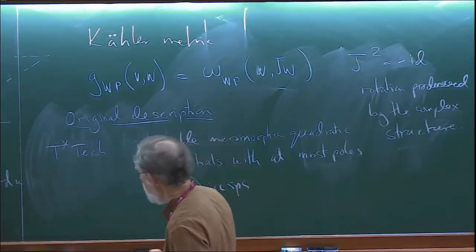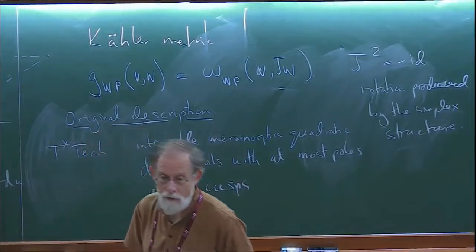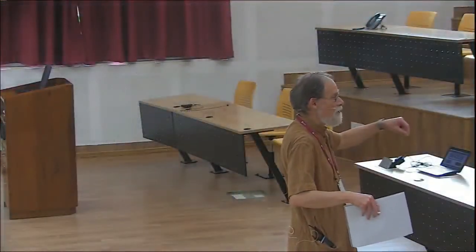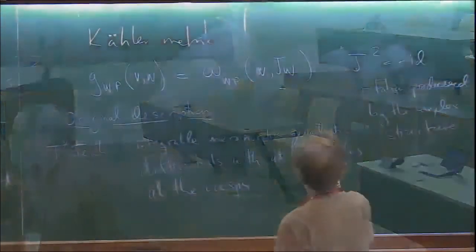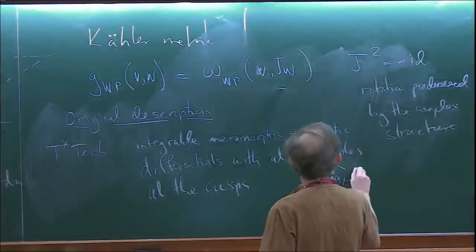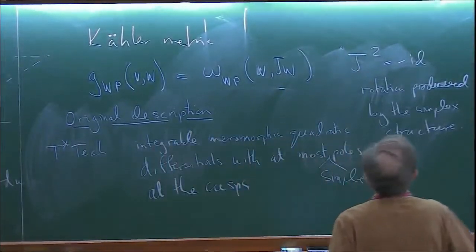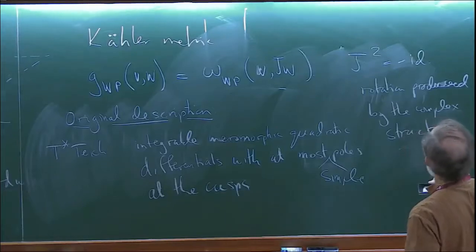So they don't get to be terribly meromorphic. The only poles they're allowed to have are at the cusps. Oh, and I've left out the word simple. So they're somewhat restricted.